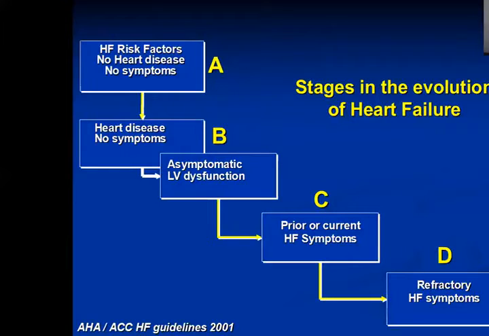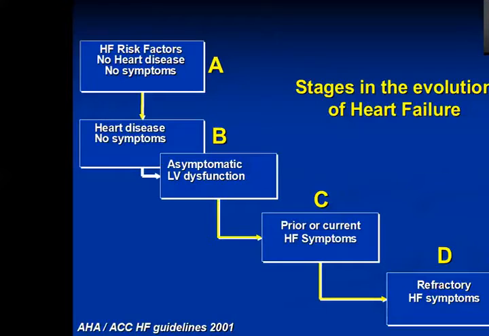Now just think of examples of that. B: heart disease without symptoms. There are conditions in which you have started having compromise of LV function, but no symptoms at all. At that stage, you will keep your patient in stage B heart failure.